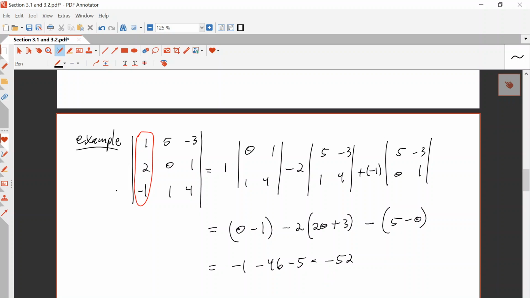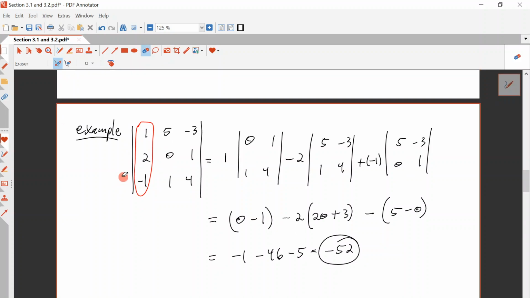Let me check: 0 minus 1, 20 plus 3, and 5 negative 3, 0, 1. No, I guess that's right. So minus 52.